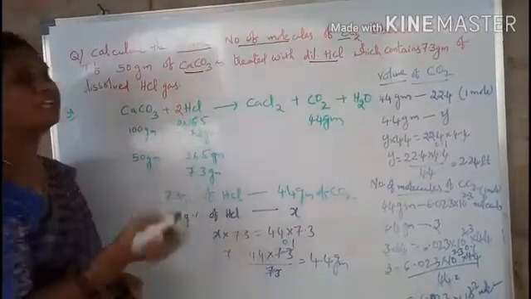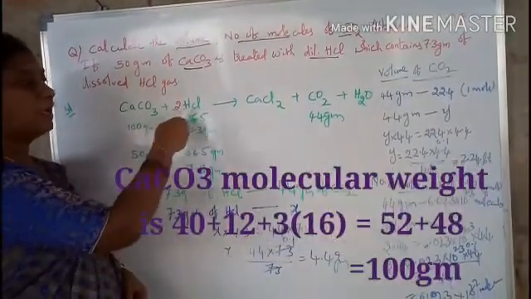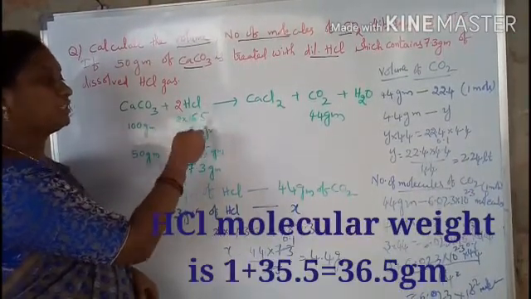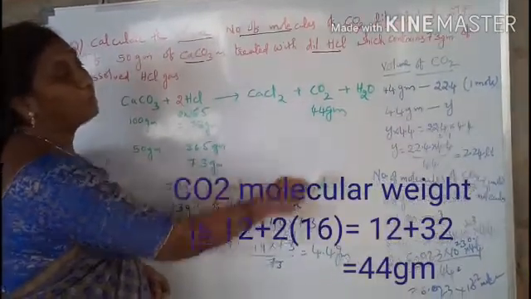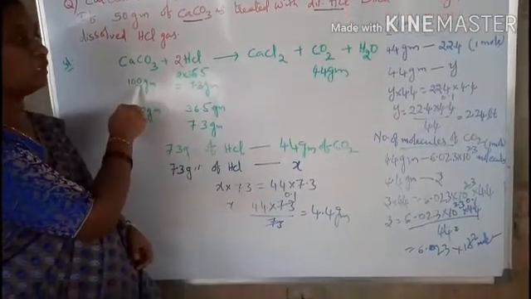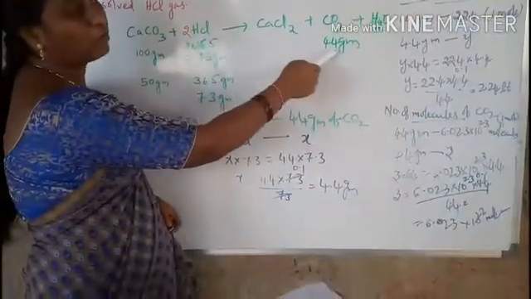Write molecular weights for those 3 here. So CaCO3 is 100 grams and HCl is 73 grams, that is 2 into 36.5, molecular weight of HCl, equal to 73 grams, and carbon dioxide molecular weight is 44 grams. So from the equation, 100 grams of CaCO3 reacts with 73 grams of HCl to give 44 grams of CO2.